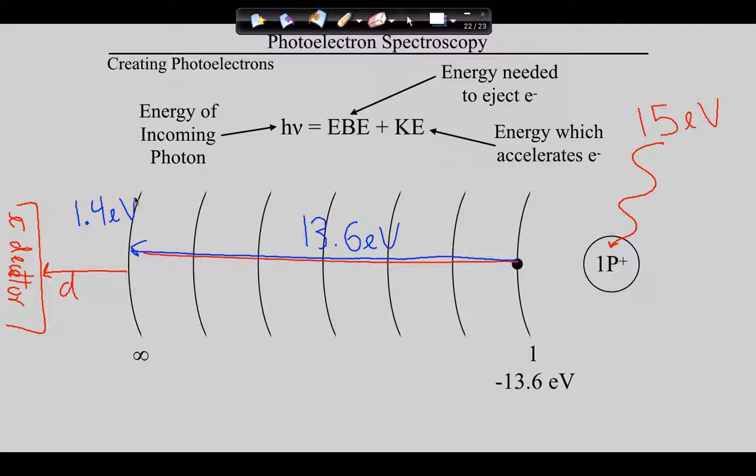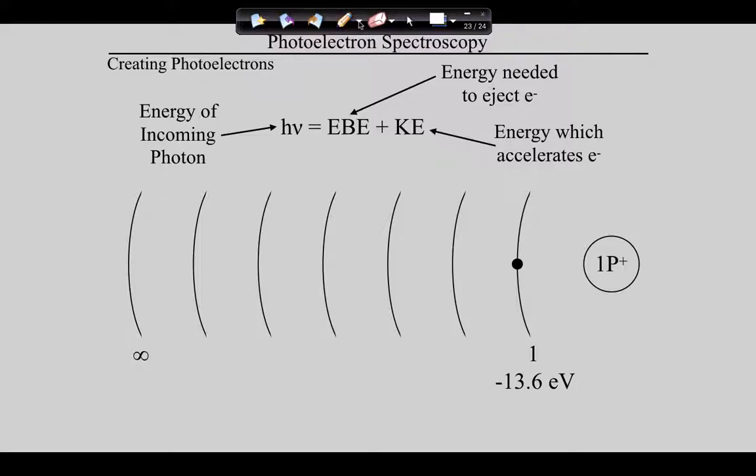Now let's talk about what this would actually look like. Ready? If you were actually doing this experiment, and don't change your picture, just watch, here's what you would see. Here's your electron detector. You would pulse this sample with a 15 electron volt photon.